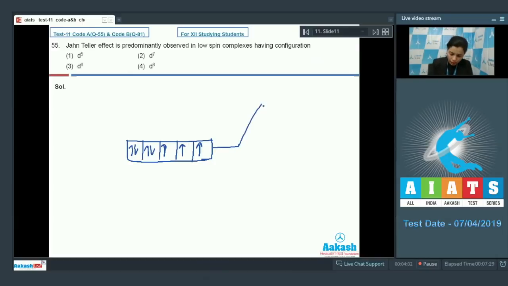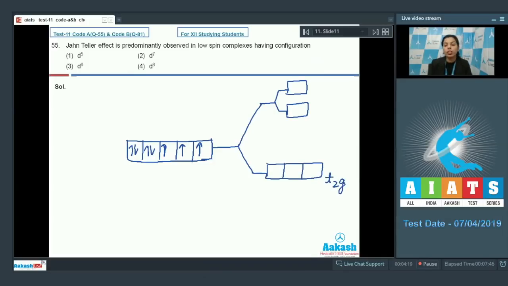If I talk about the filling of electrons in the orbitals, 2 energy levels are there. This is the eg level and this is the t2g level. In the t2g level, lower energy is there, paired electrons are present, as we are talking about a low spin complex, so 7 electrons are filled in this way. If we talk about the eg set of orbitals, that is unsymmetrically filled, and that's why in this case we will observe the Jahn-Teller effect, and option 2 becomes the correct option in this case.